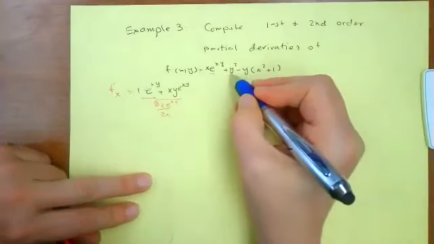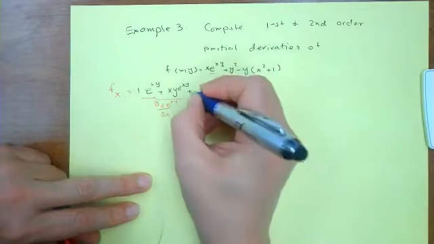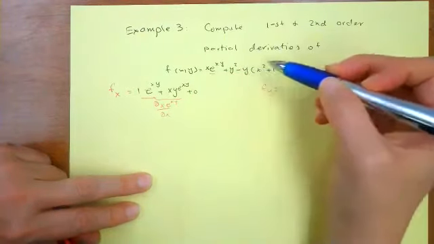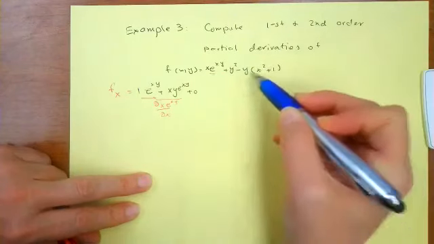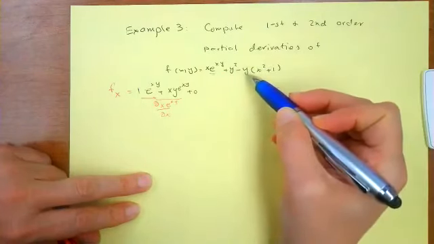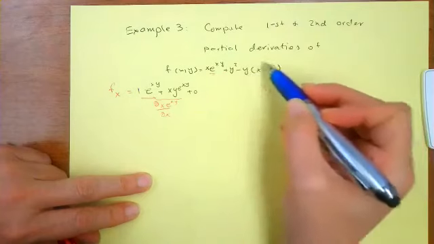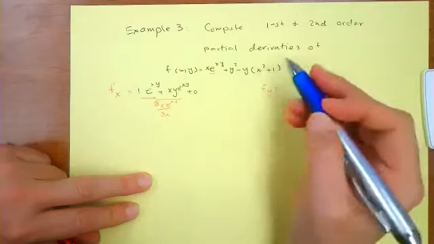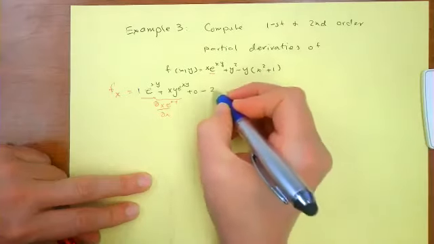Now, the second term is in terms of y only, therefore I get 0. The third term is y times x squared plus 1. So y is the constant coefficient in here because I'm finding partial of this term with respect to x, and derivative of x squared plus 1 is 2x. So I get minus 2xy.